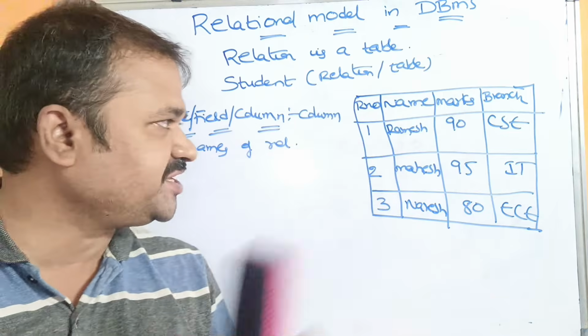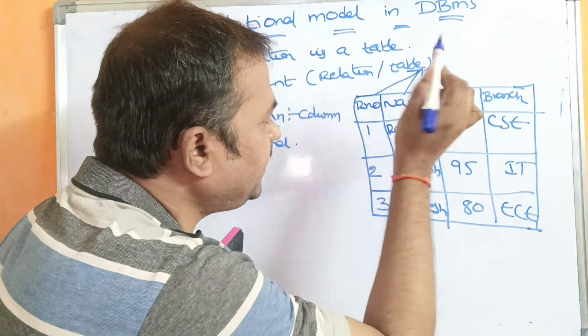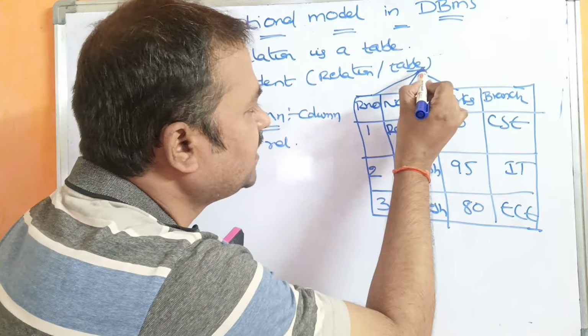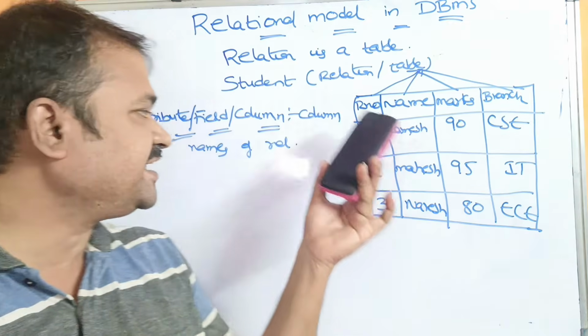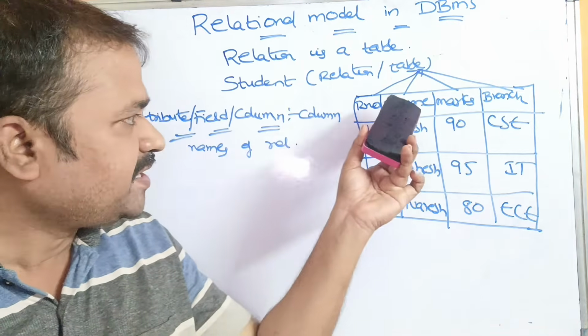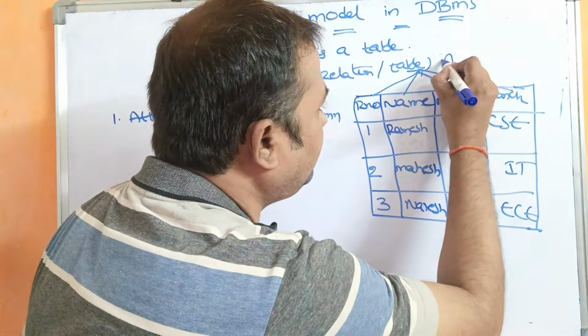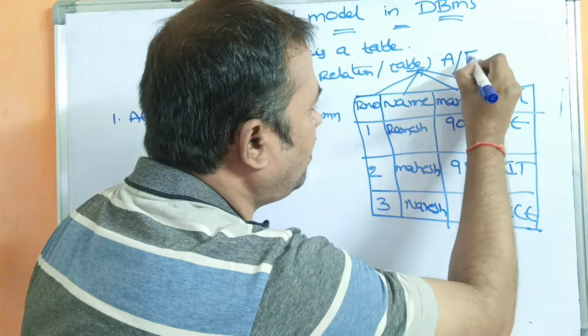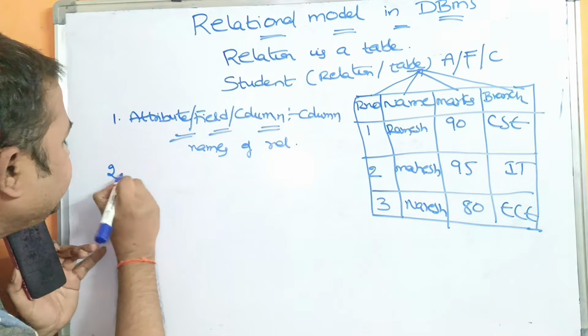In this relation, what are the column names? Roll number, name, marks and branch. So these 4 are the column names, and we can call these attributes or fields or columns.